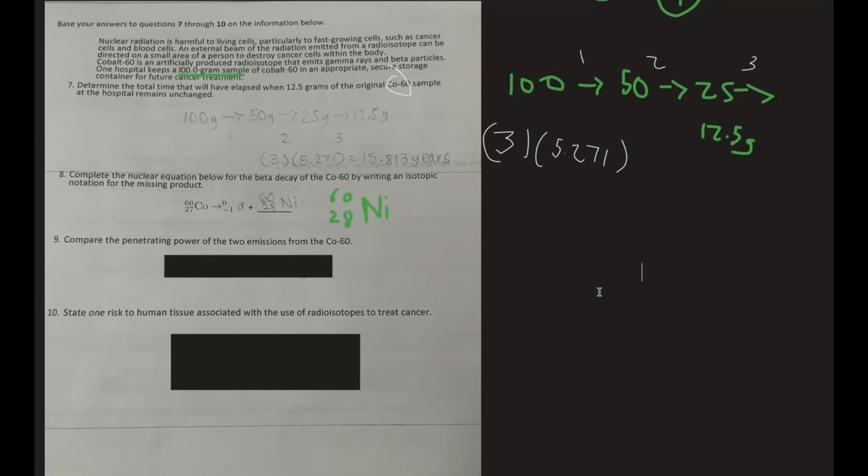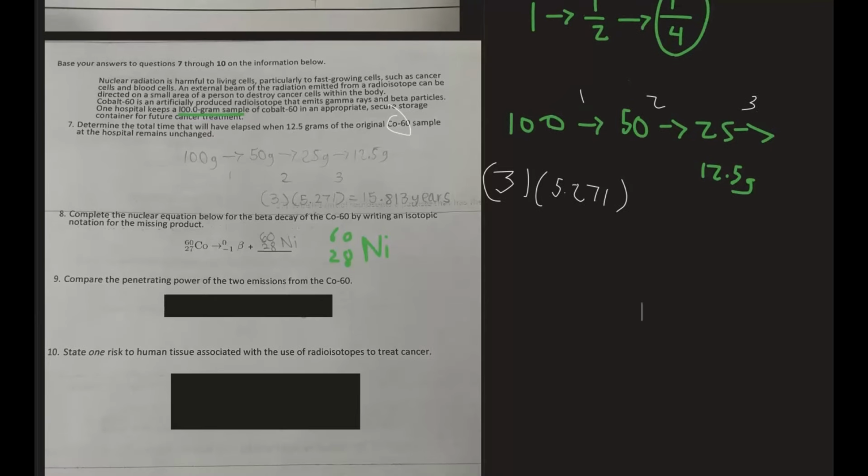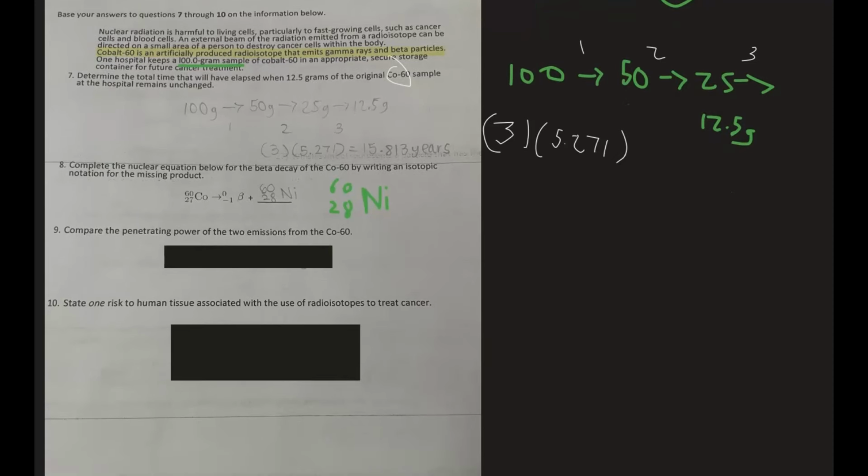Number 9, compare the penetrating power of the two emissions from cobalt-60. Alright, so if we look above here, I wonder if the highlighter actually works. It says that the cobalt-60 is the artificially produced radioisotope that emits gamma rays and beta particles. Okay, wow, that actually looks very realistic on the paper, but whatever. But yeah, so it emits gamma rays and beta particles.